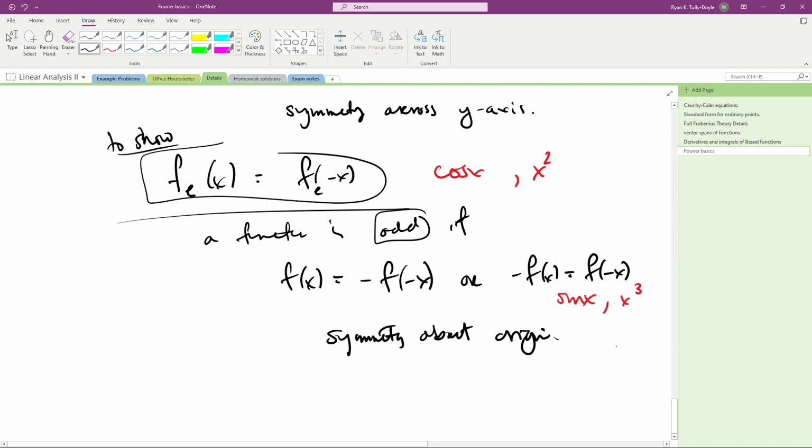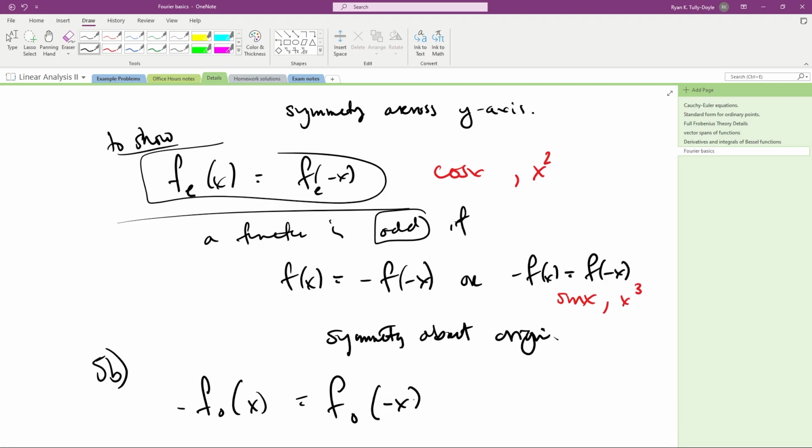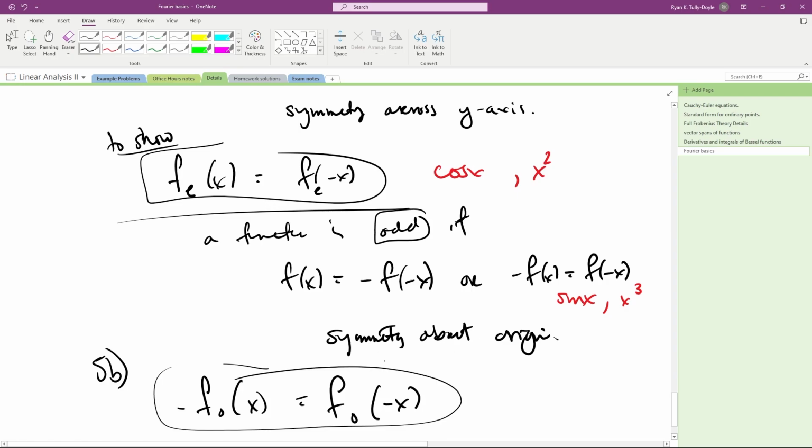So what I'm asking you to do in question 5b is to show me that fo of x with a negative in front of it is equal to fo of minus x. That is, a function is odd if you can pull the negative outside. I've given you the definition of fo. From that definition, you should be able to show me that that property holds.